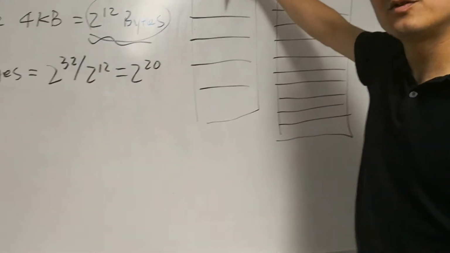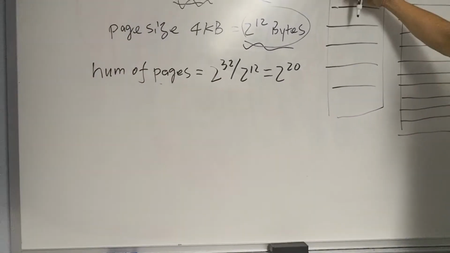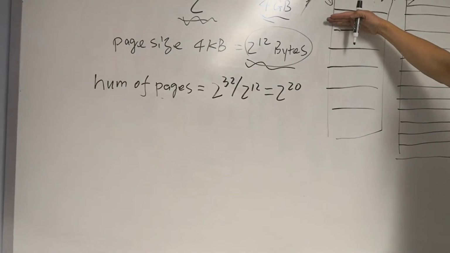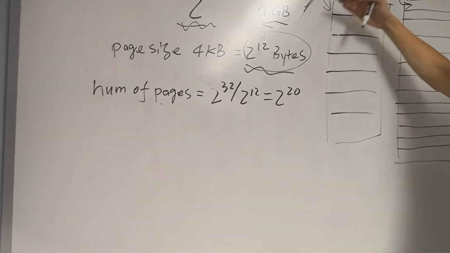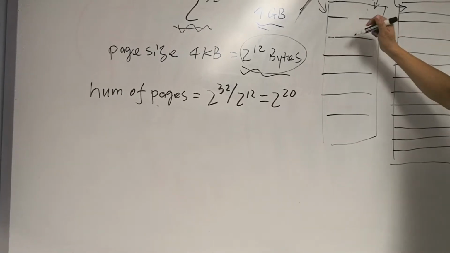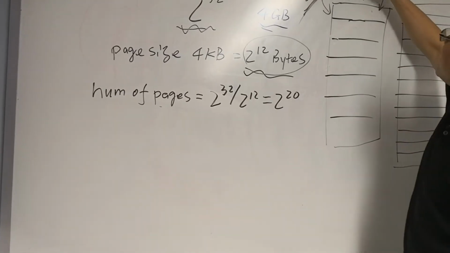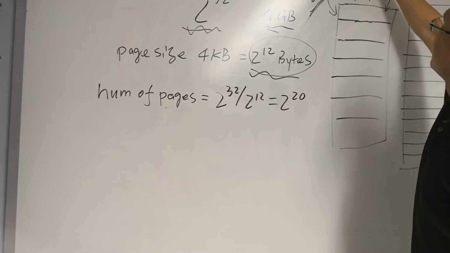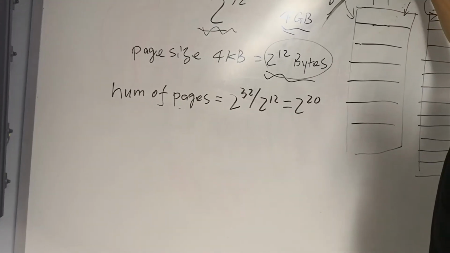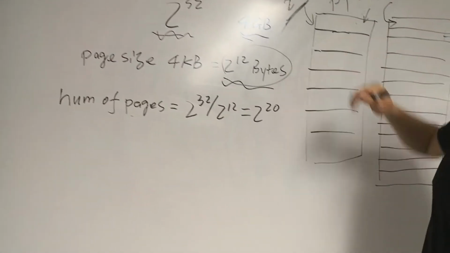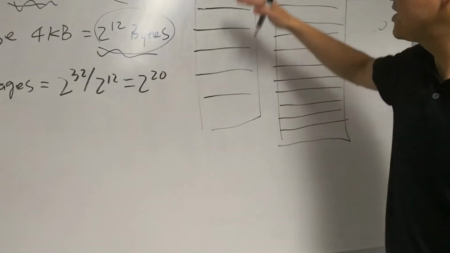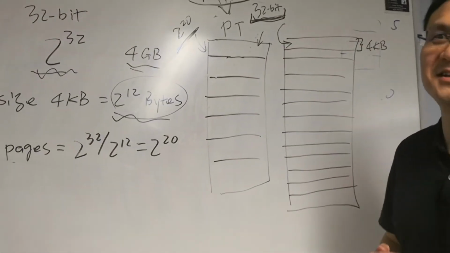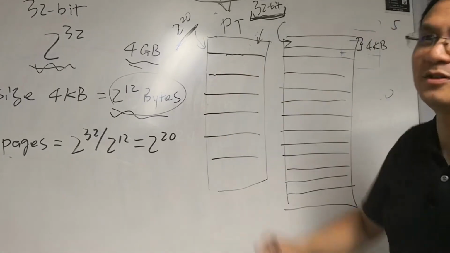What information does it store? The page table is for mapping. It maps from the virtual address to the physical address. So each page table entry is about what?